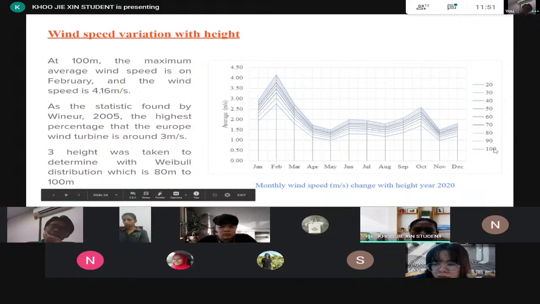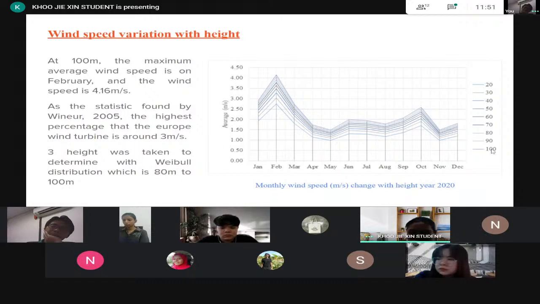Beside here you have the colors that show it. So at 100 meter, the maximum average wind speed is in February. As just now stated, the highest is in February. The wind speed is 4.16 meter per second.